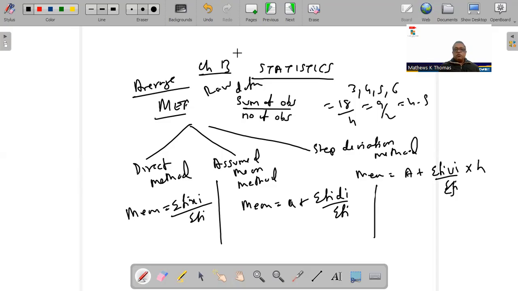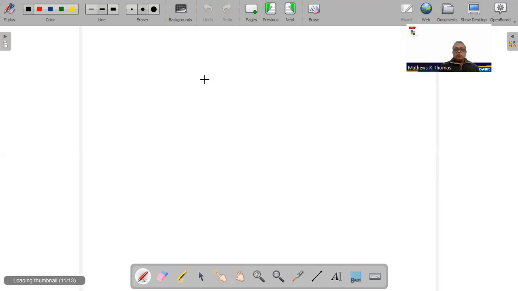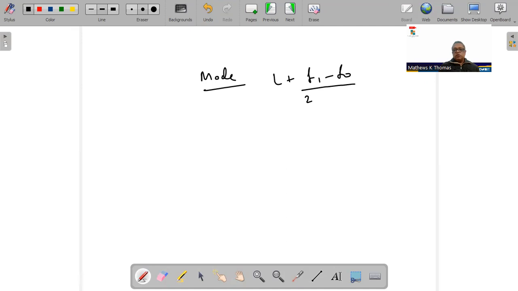Next, we go to the mode and median. How do you find mode? The formula for mode is L plus (f1 minus f0) by (2f1 minus f0 minus f2) into h, where L is the lower limit of the modal class, f1 is the highest frequency, f0 is the frequency above that and f2 is the frequency below.